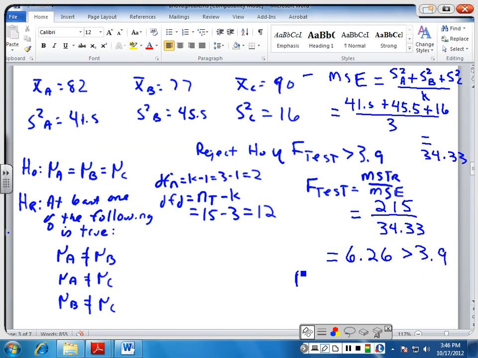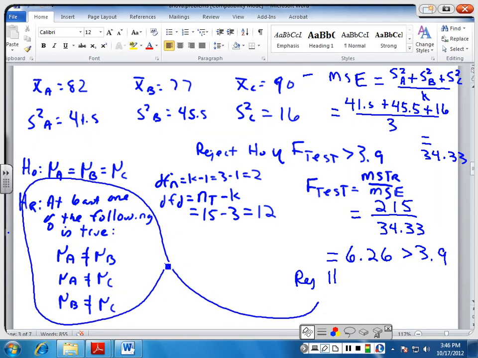So we're going to reject H0 and conclude that at least one of those is true. Like I said, in a second I'll get the MSTR calculation for you, but I want to get all of that on just this sheet.